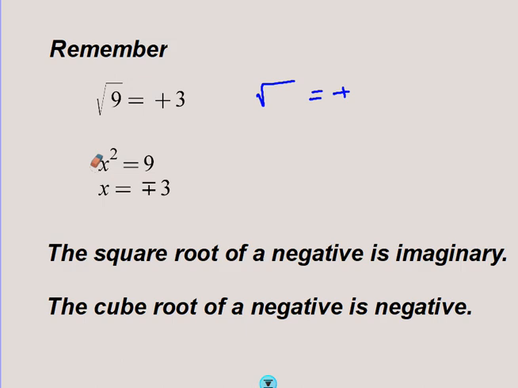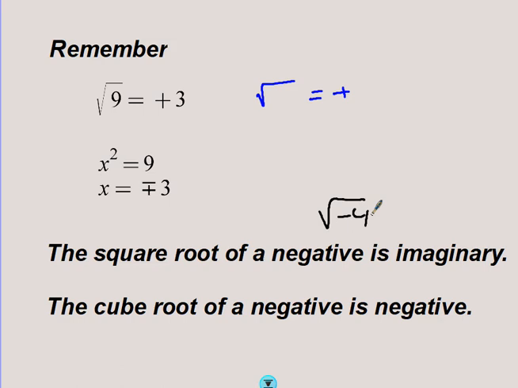Now, the square root of a negative, something like the square root of negative 4, is imaginary. There is no real answer. So this does not belong to the set of real numbers, and we shall not be dealing with it in this course.